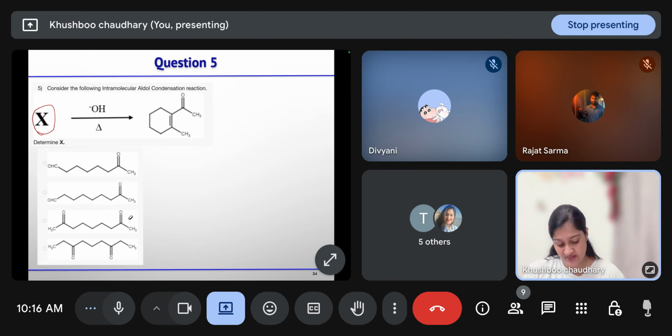Write the product for every option and try to find out in which case you will get the product. Option C. Option C, correct.